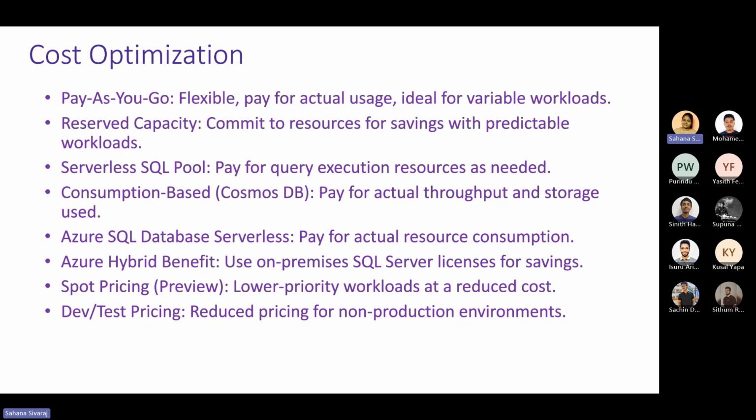Based on actual resource consumption, how much we have to pay will be calculated. And Azure Hybrid Benefit, since it is using the on-premises SQL Server licenses, will be a predefined cost. So it will not charge extra charges.